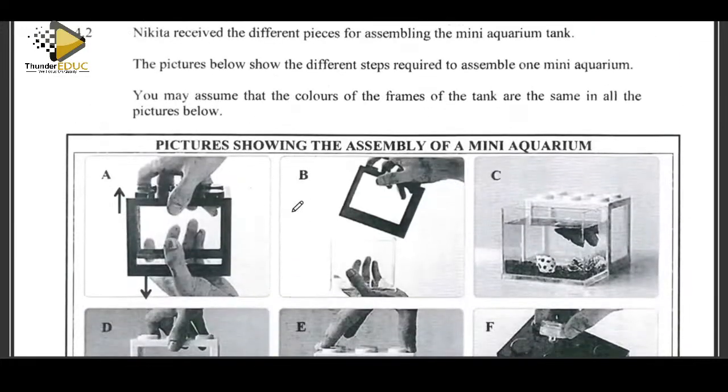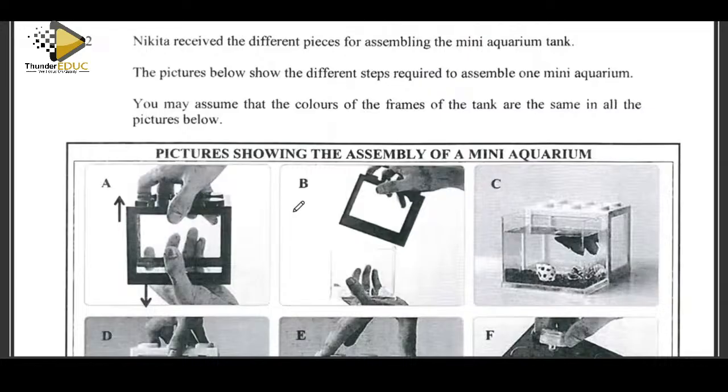Okay. Nikita received instructions for assembling the mini aquarium tank. The picture below shows the different steps required to assemble one mini aquarium. You may assume that the colors of the frames of the tank are the same in all pictures.